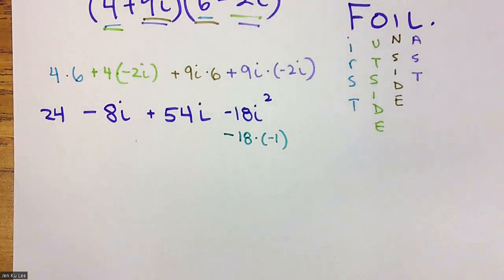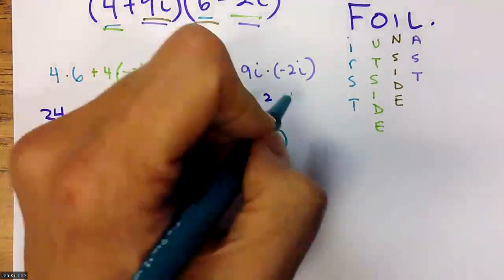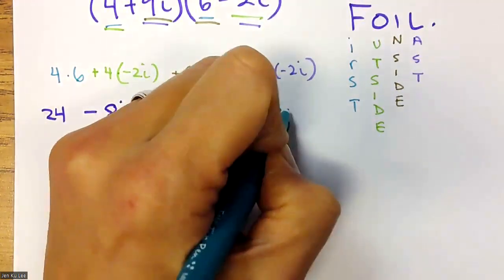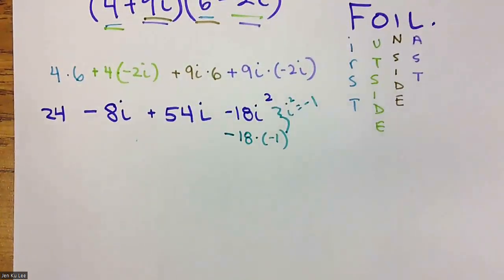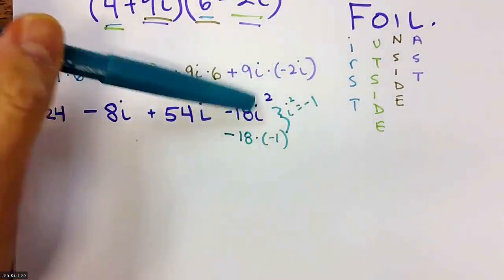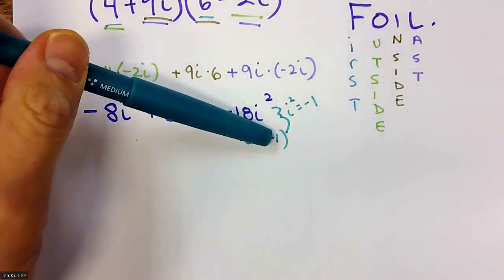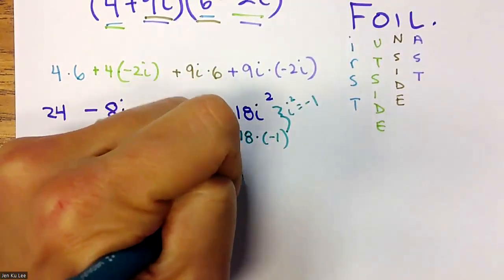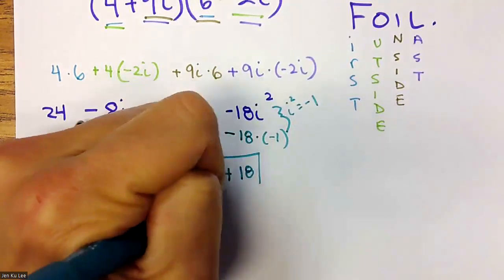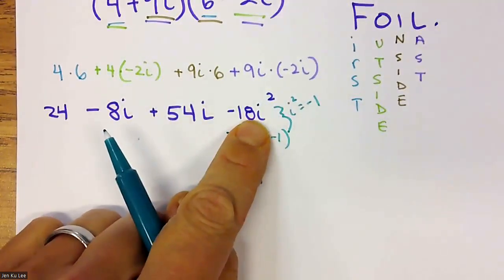Because i squared equals negative 1, right? We substituted that in for i squared. And then what's a negative times a negative? A positive. So positive 18, that is the simplification of this, right?